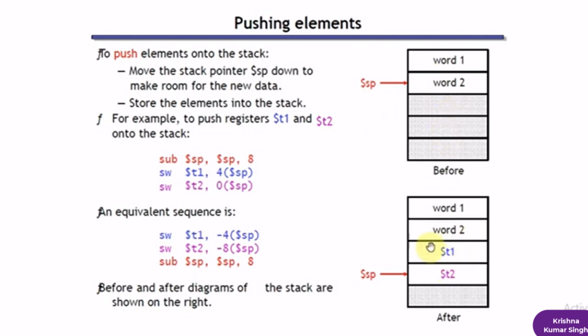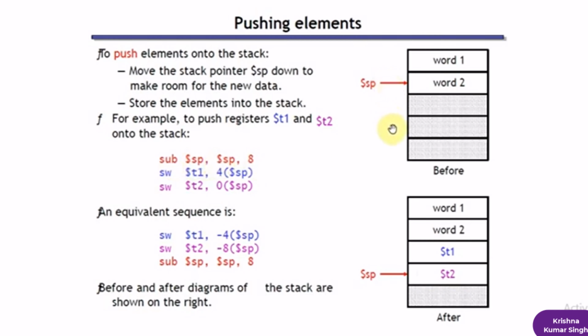And after that, the contents of $t1 and $t2 are stored here, and the stack pointer should be updated to point to the top of the stack. The stack grows downward. So this is the end of the stack and this is the top of the stack. This is the way that we can perform it.